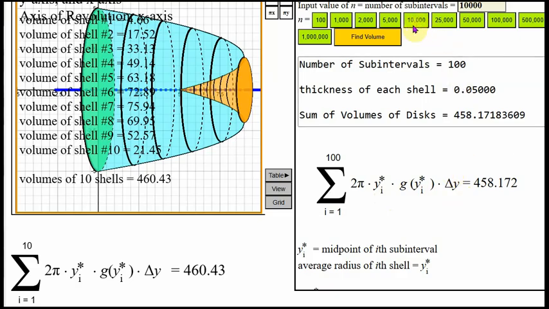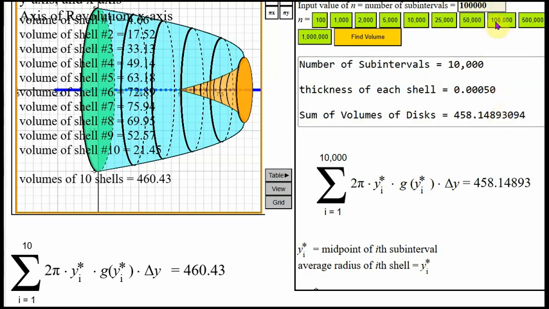And then if we divide the solid here into 10,000 shells, then the thickness of each one is 0.0005. And then add the volumes of 10,000 shells together, we get 458.1489.